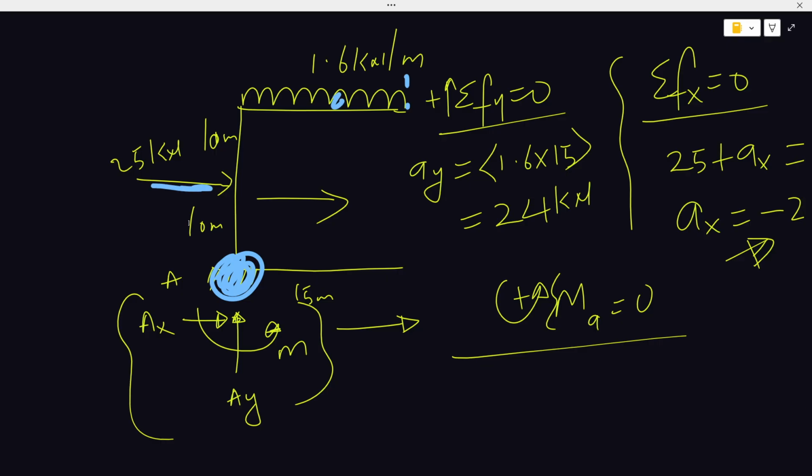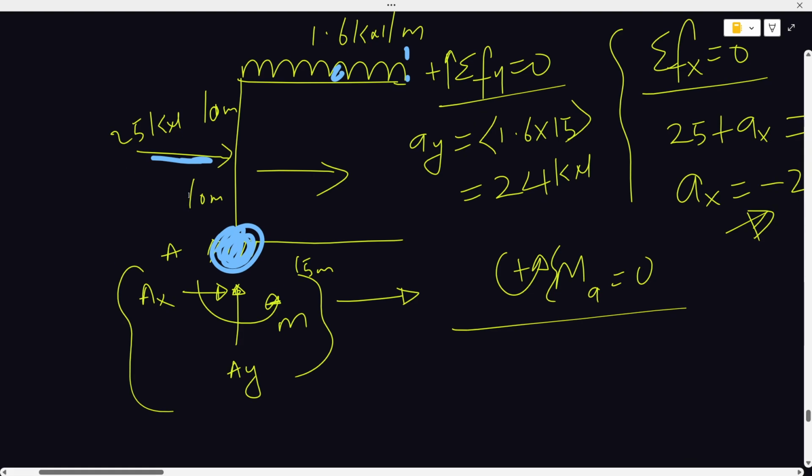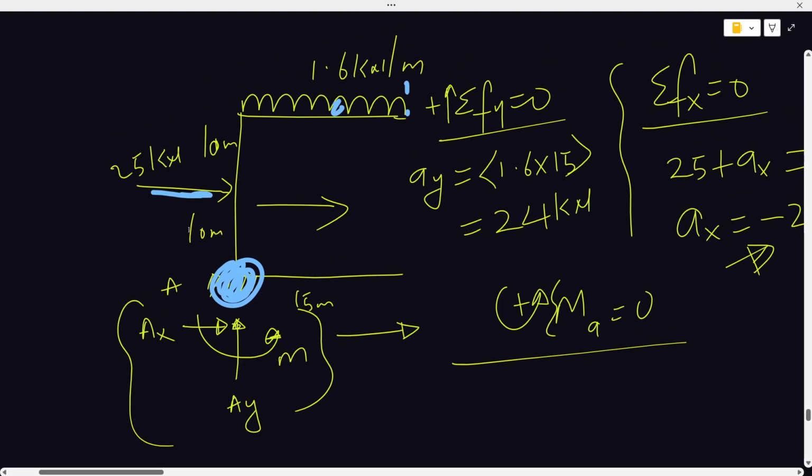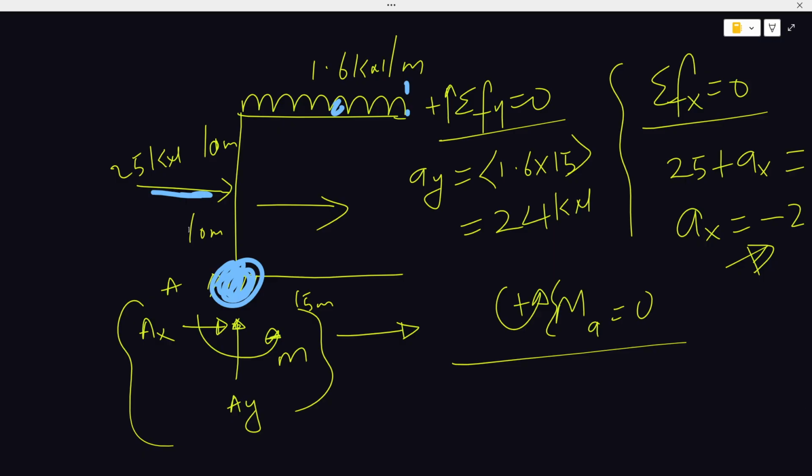Another force coming from here would act on the ball, and those are the only forces that will be acting on the ball. So for the UDL, I will be having 1.6, converting the UDL first to a point load. 1.6 times 15 will convert my UDL to a point load. Then times 15 over 2, which is the distance from here to here. Because after converting to a point load, I can now multiply it by the perpendicular distance. So 15 over 2.